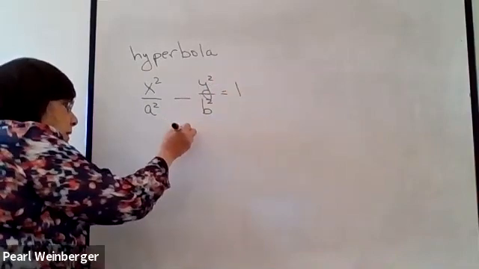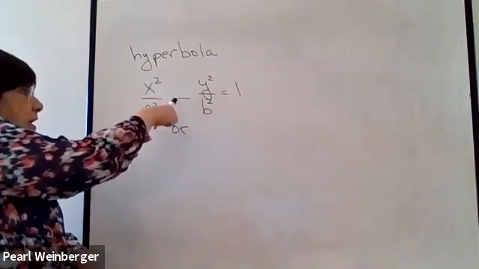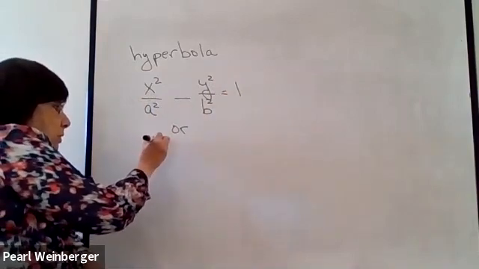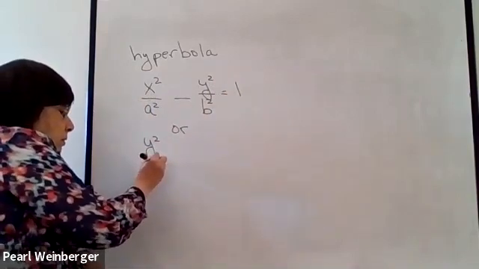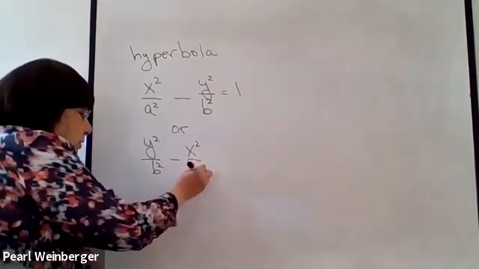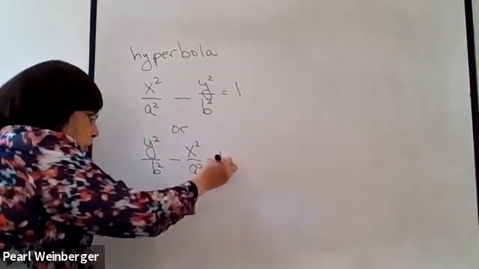Or it might be, in other words, you have a minus in between them. It might be that you have y squared over b squared minus x squared over a squared equals 1.